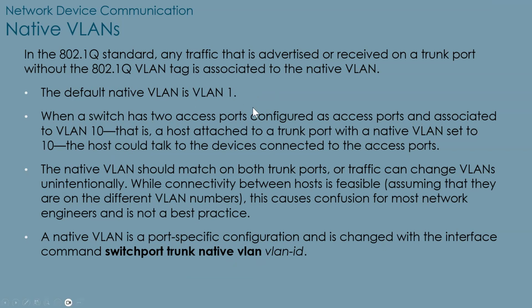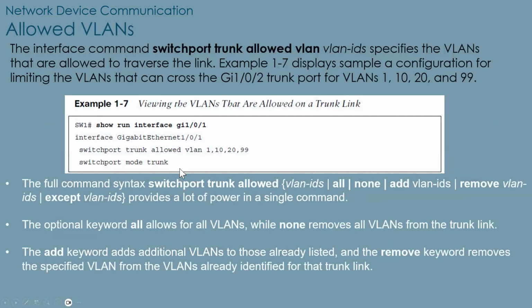They are native to the switch. In the 802.1Q standard, any traffic that is advertised or received on a trunk port without the tagging is the native VLAN. So in our case, VLAN 1 is the native VLAN, which is without a tag. It doesn't have the tag.